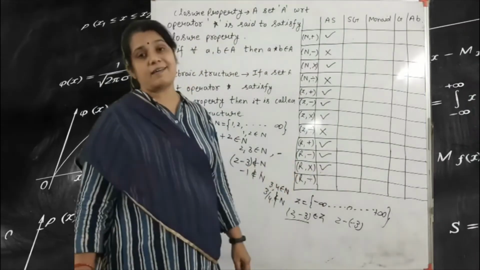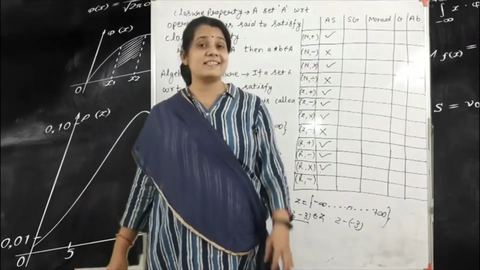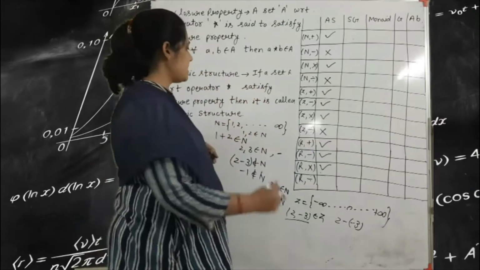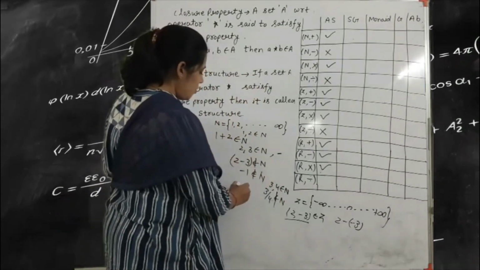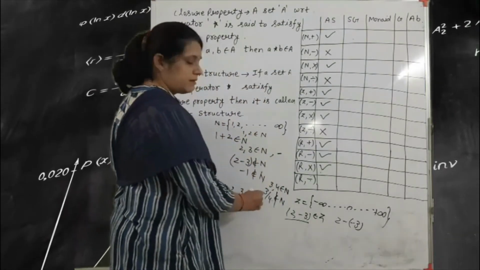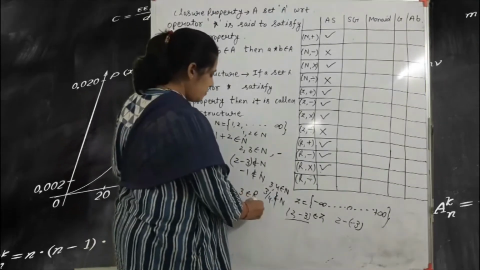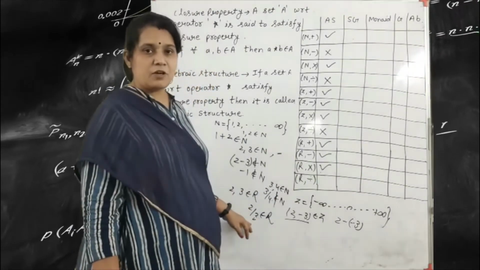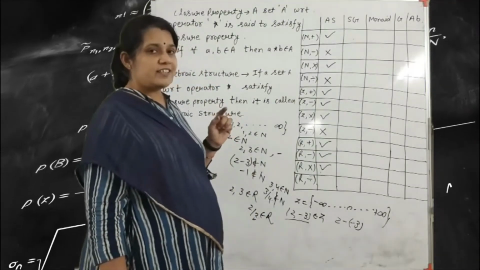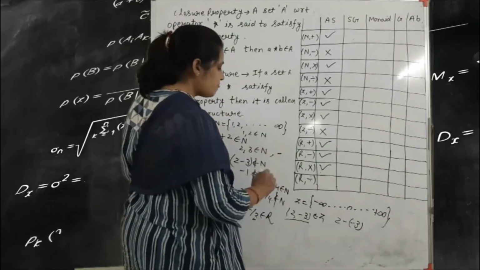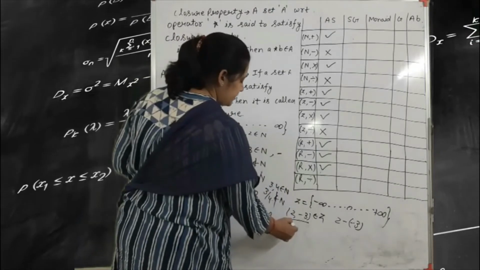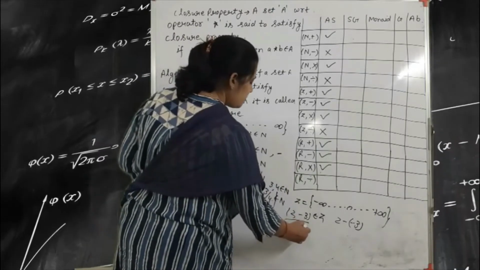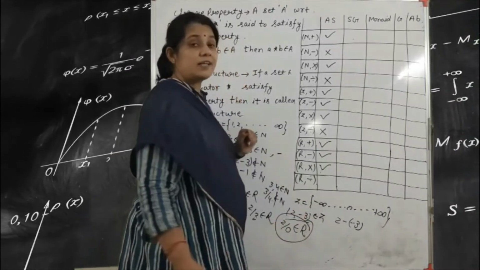Next one is R divide. Okay. So in case you consider, for example, 2, 3 belonging to R, so 2 by 3 belongs to R. Okay, no doubt 2 by 3 belongs to R, but one point is very important. If we divide 2 by 0, does 2 by 0 belong to R or not?